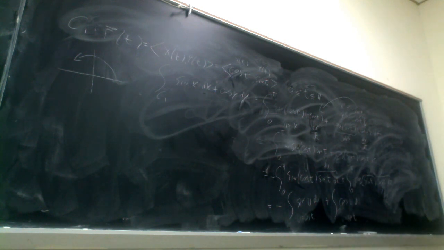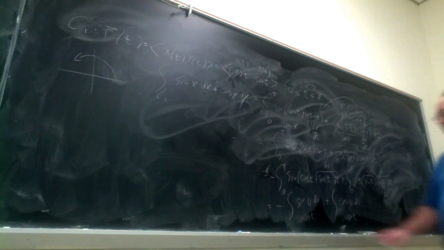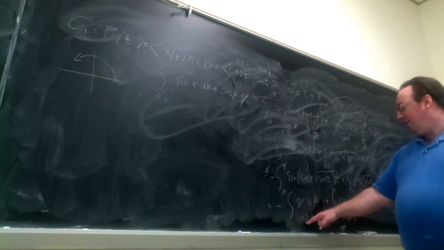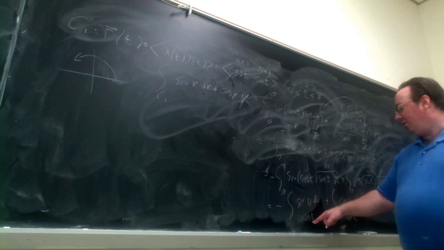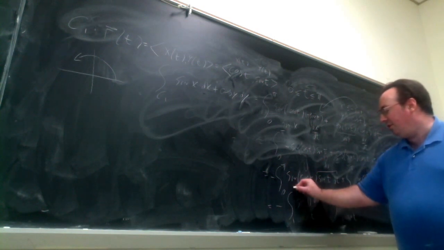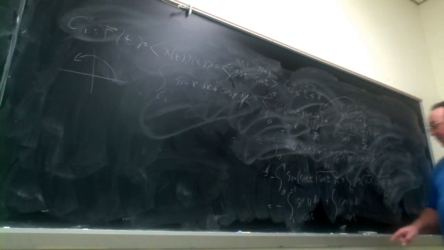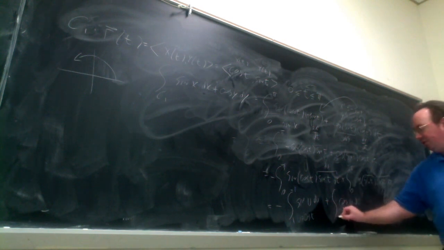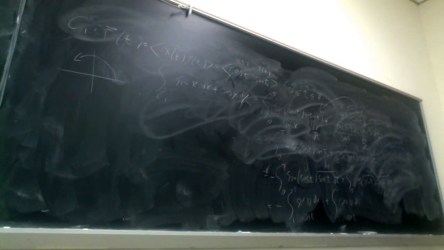If you plug 0 and pi into cosine, you get 1 to minus 1. And when you plug these limits in here, you get 0 and 0, which suggests that you're just going to get 0, which actually, that is what happens.